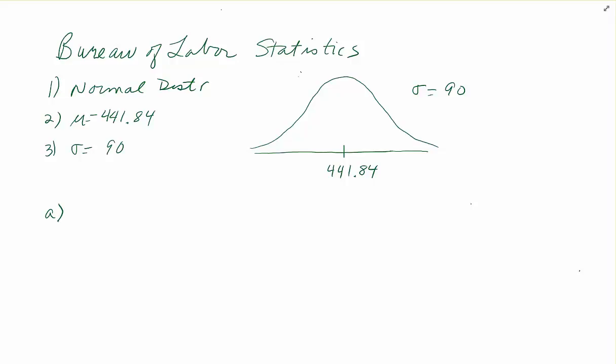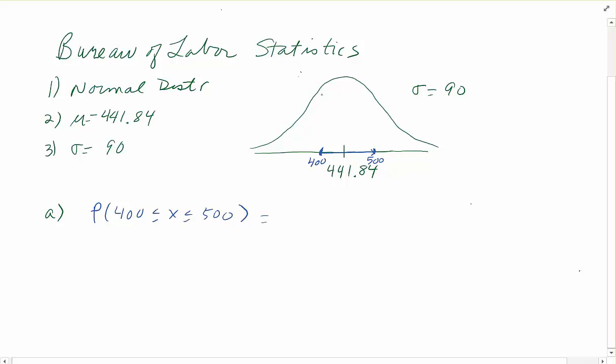Okay, 400, so maybe about right there, there would be 400. And then the 500 would be a little closer to one standard deviation, but my interval there is between 400 and 500, and I'm looking for the probability that X is between 400 and 500.